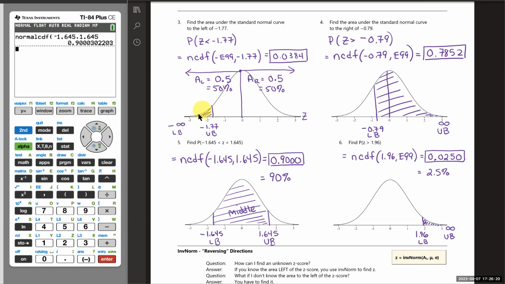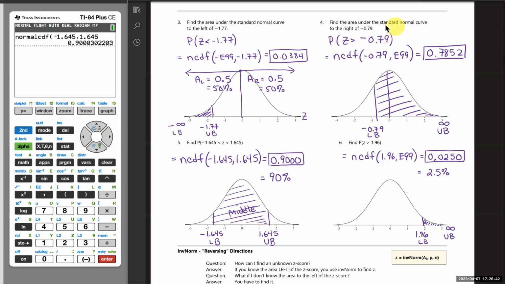So this area that I was looking for, I knew was going to be smaller than 0.5 because it's definitely shading less than half that picture. And this answer confirmed that it was less than 0.5, it was 0.0384. So that was just some additional information there.